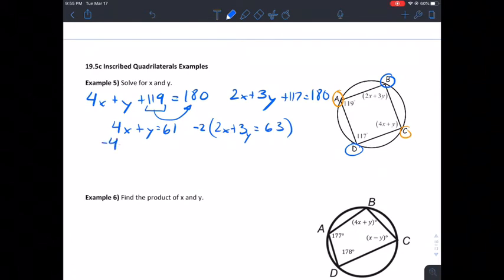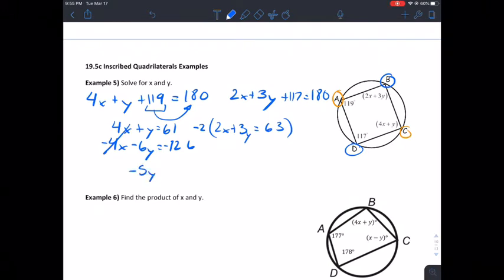So let's multiply: I get -4x minus 6y minus 126. Now you can do the cancellation. The x's cancel, and I get -5y equals -65, which gives me y equals 13.